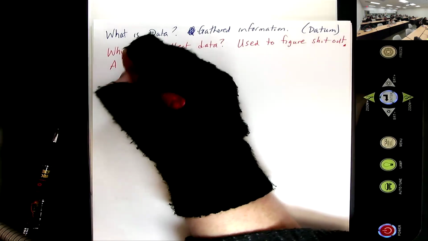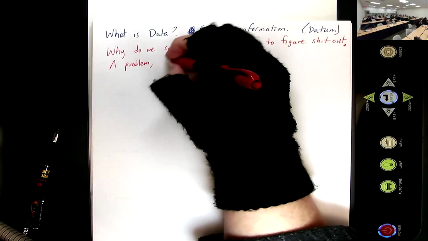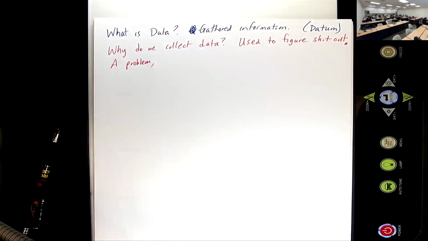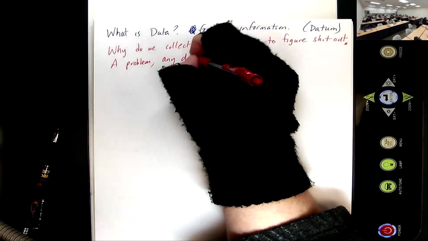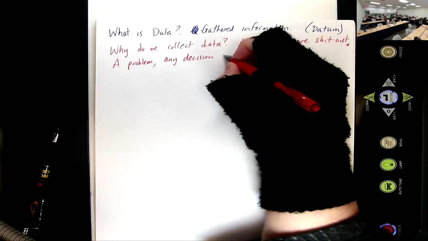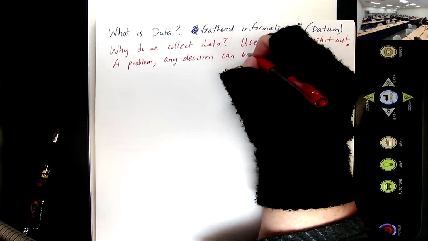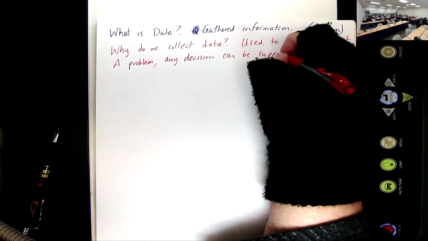It could be any decision you need to make, and you wanna know if you're making the right decision. Any decision can be supported with some data, and this process.